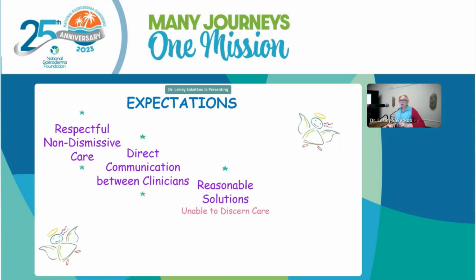And reasonable solutions. And if our clinician, no matter how much we adore them and think that they're wonderful and have helped us so much for the past few years, can't come to a plan or a resolution, then we should feel it's our right to either request a referral to a specialist, or maybe get a second opinion.